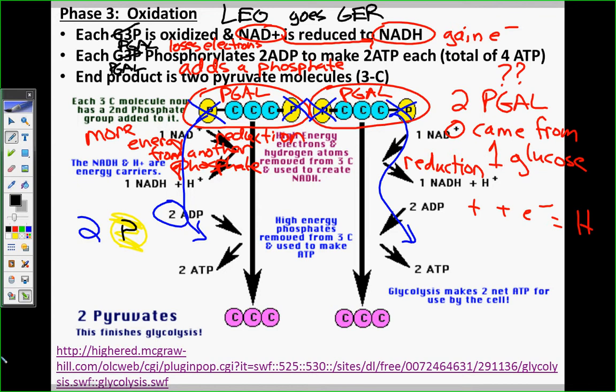So we need 2P to make 2 ATP. Each one's going to give us a P. We're going to yank it off, and then we're left with 2 pyruvates.